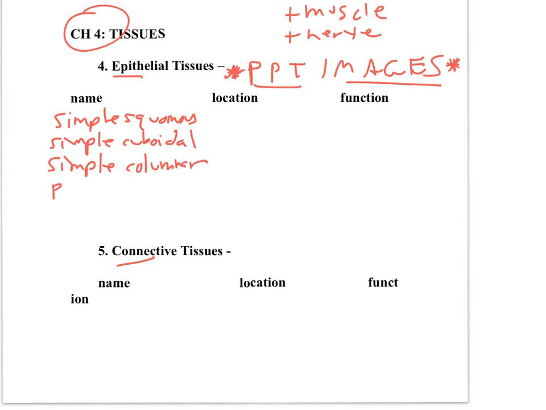Pseudostratified columnar. And then your stratified tissues, 2 of which we discussed in class: stratified squamous and transitional.